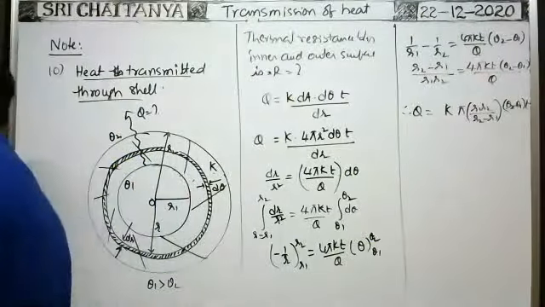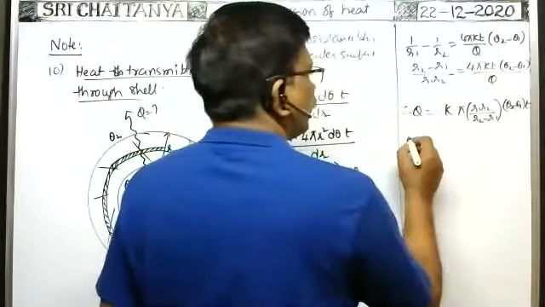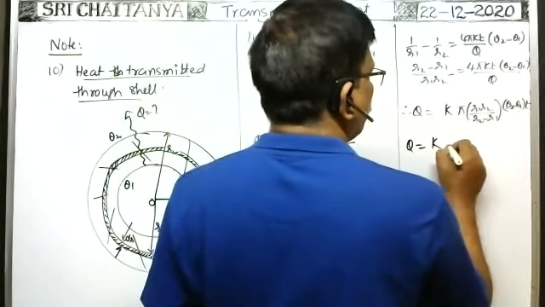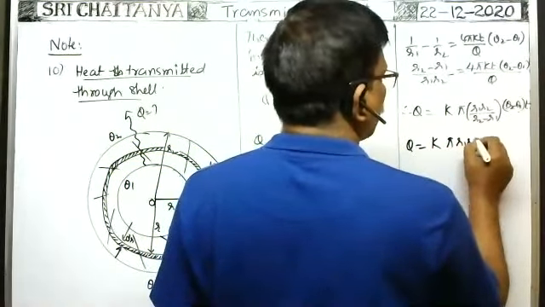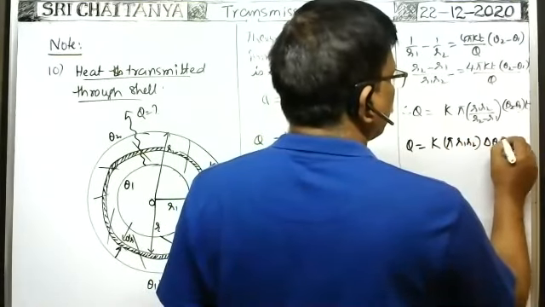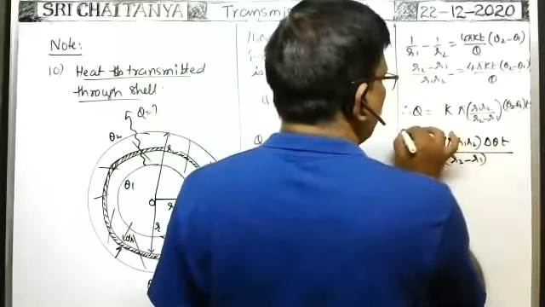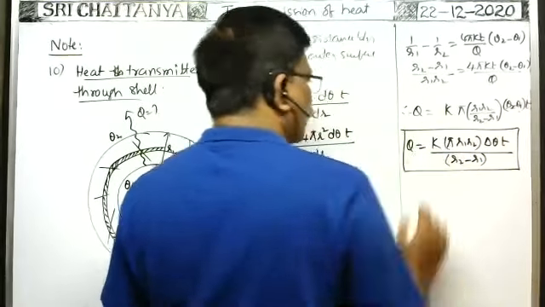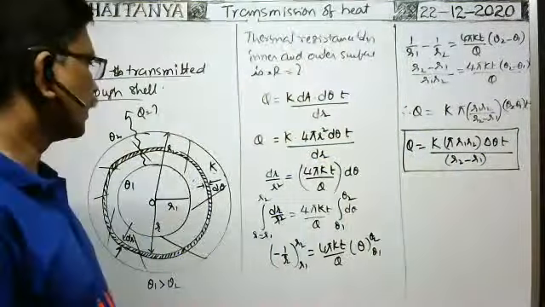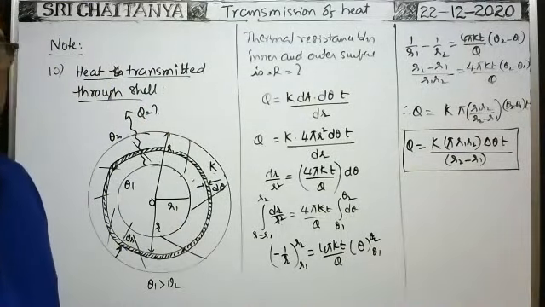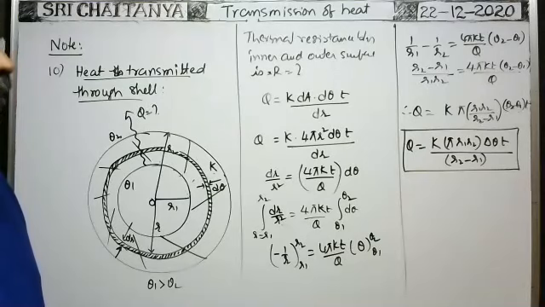So I got Q is equal to K into pi R1 R2 into delta theta T by L, where L means R2 minus R1. This is the formula for the amount of heat energy transmitted through the spherical shell.